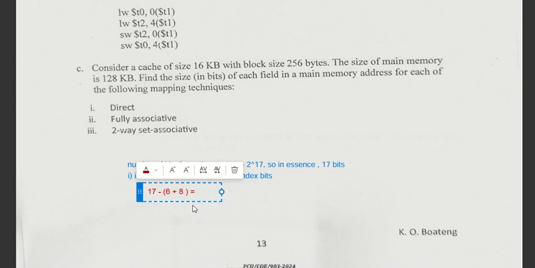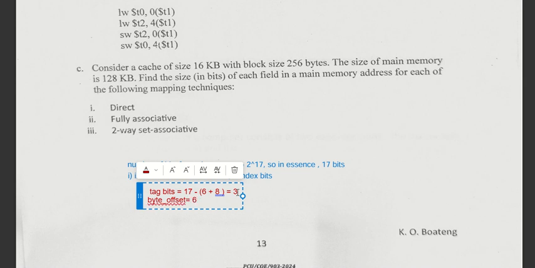So 17 minus 14 is 3, right? So our tag is 3 bits. And our index is the 6 we calculated.